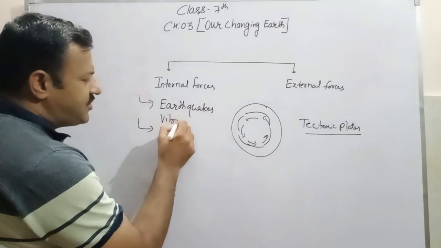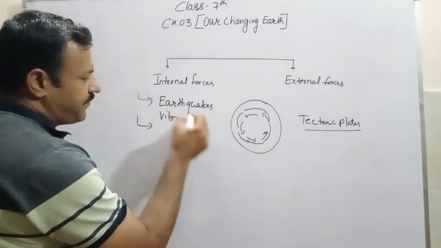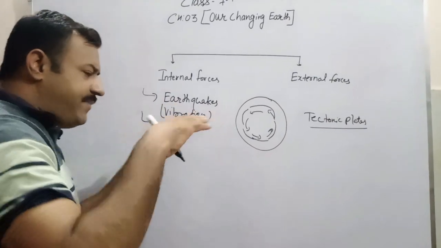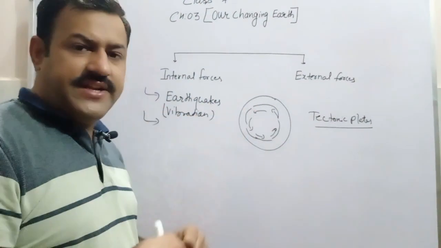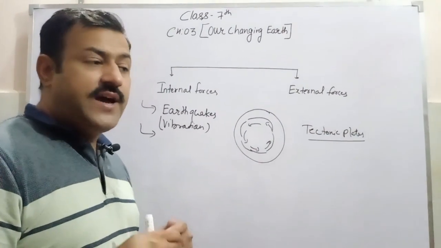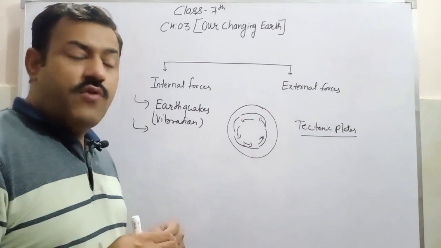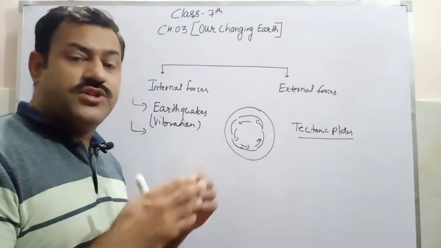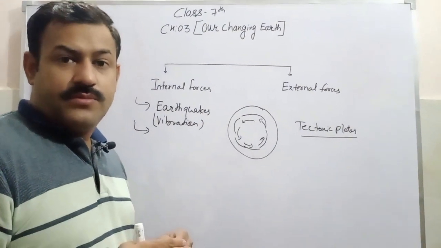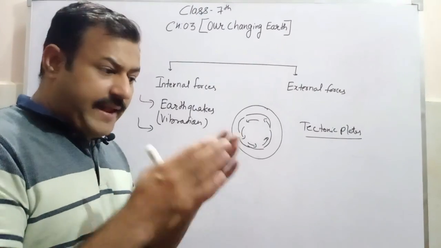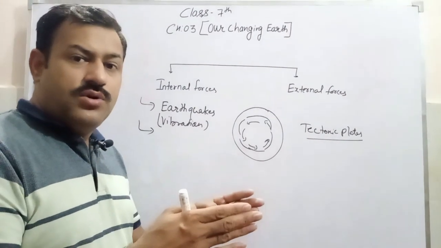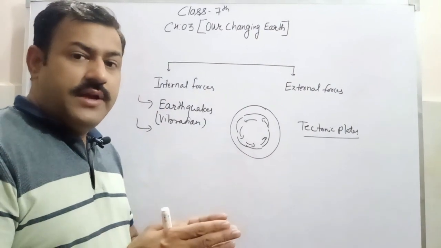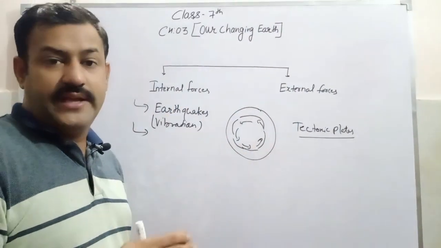Earthquakes means vibration on the crust. How are these vibrations created? And if the earthquake is of high scale, of high intensity, it may cause lots of destruction on the earth crust. So the place, the epicenter where the earthquake has been created, it causes lots of destruction over there.